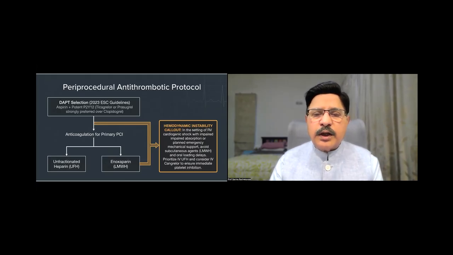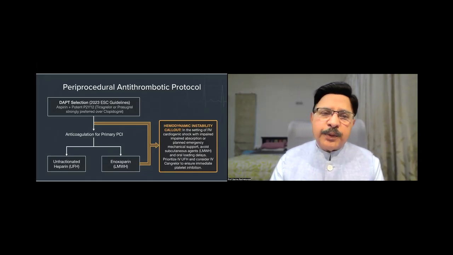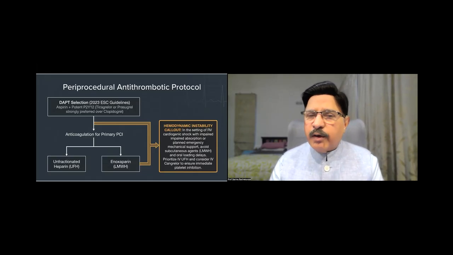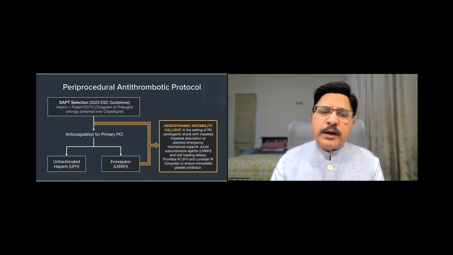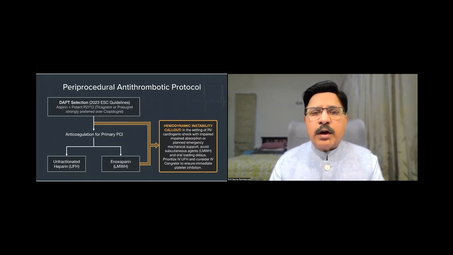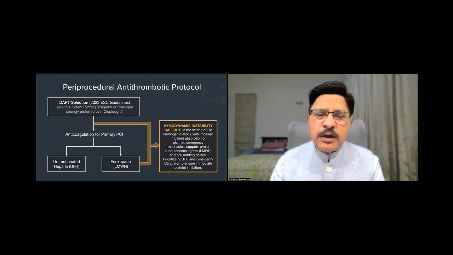Earlier, we used to say double antiplatelet means aspirin plus clopidogrel. But if ticagrelor or prasugrel are not available, there is no harm in giving 300 milligrams of clopidogrel. Then for maintenance, you switch over to ticagrelor or prasugrel. The only caution is prasugrel should not be used if there is a TIA or any brain stroke issue.